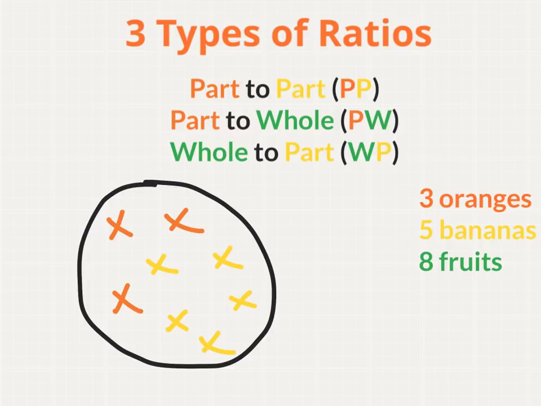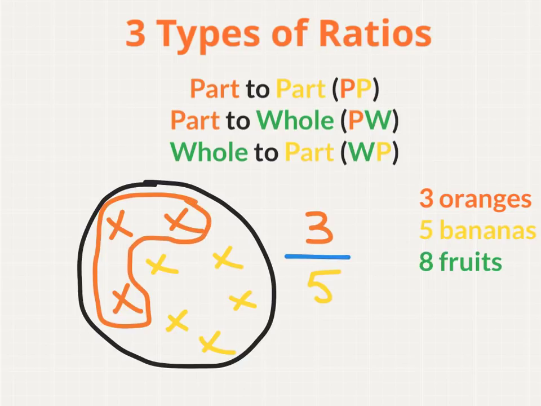In this particular bowl, I have 3 oranges to 5 bananas. I have these 3 oranges right here. This is part of what's in the bowl, 3 oranges. I also have these 5 bananas. These 5 bananas are also in the bowl. They are a part of what's in the bowl. 3 oranges to 5 bananas.